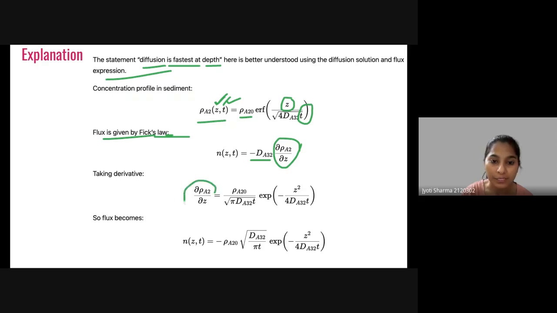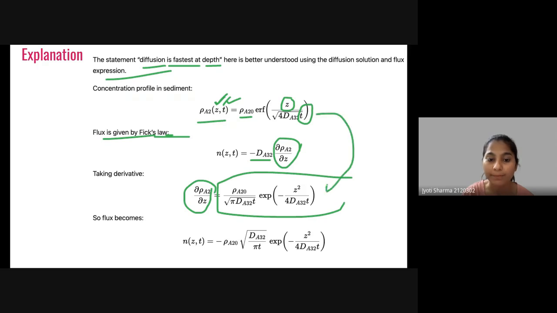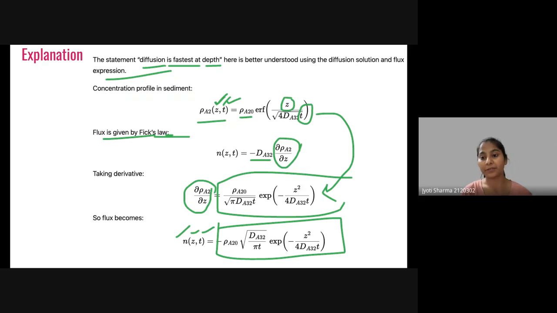So this part came from this part, and that's what we learned: if the flux is a function of distance and time, then this will be a little complicated term. Okay, so this is your sediment side.